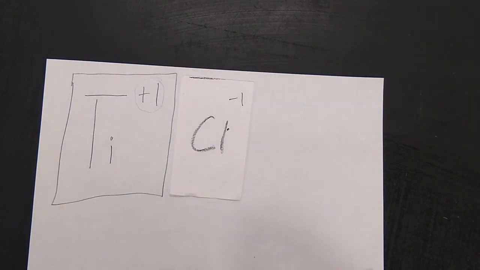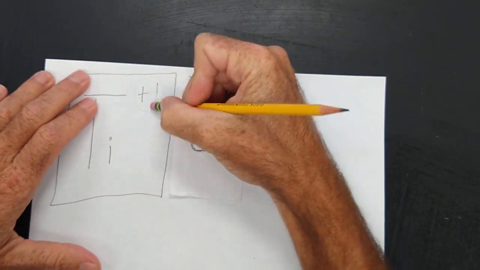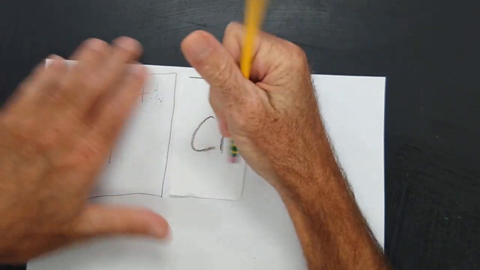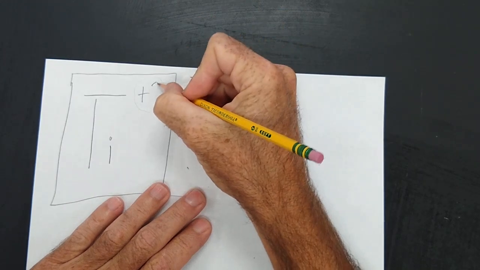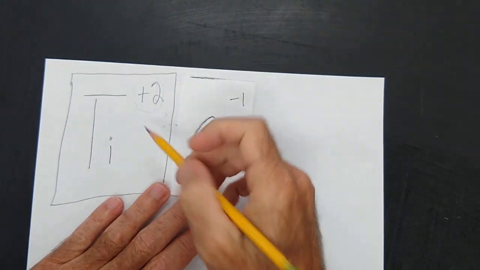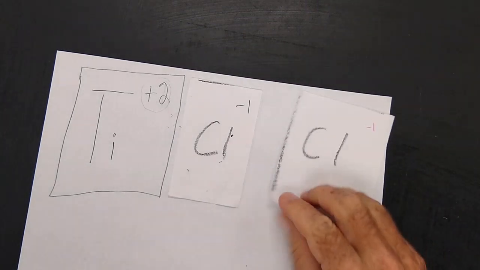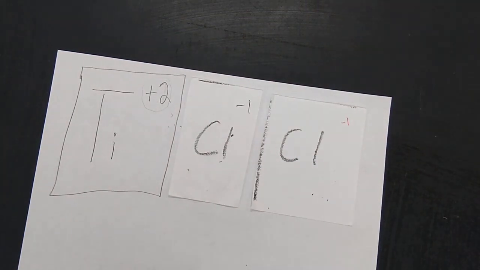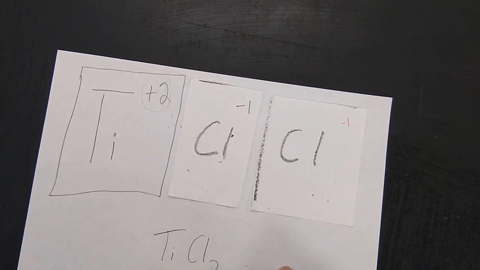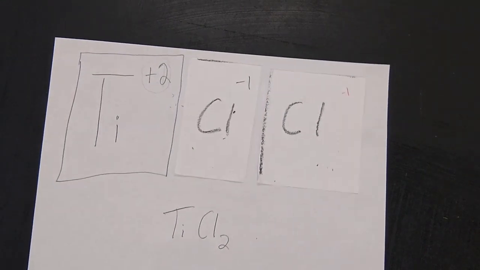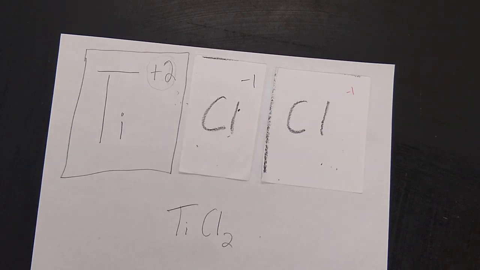Now, what if this titanium card was a different atom of titanium? What if it had 2 positive charges up here, titanium 2? Then the formula would have to be TiCl2, titanium 2 chloride. This should make sense to you.